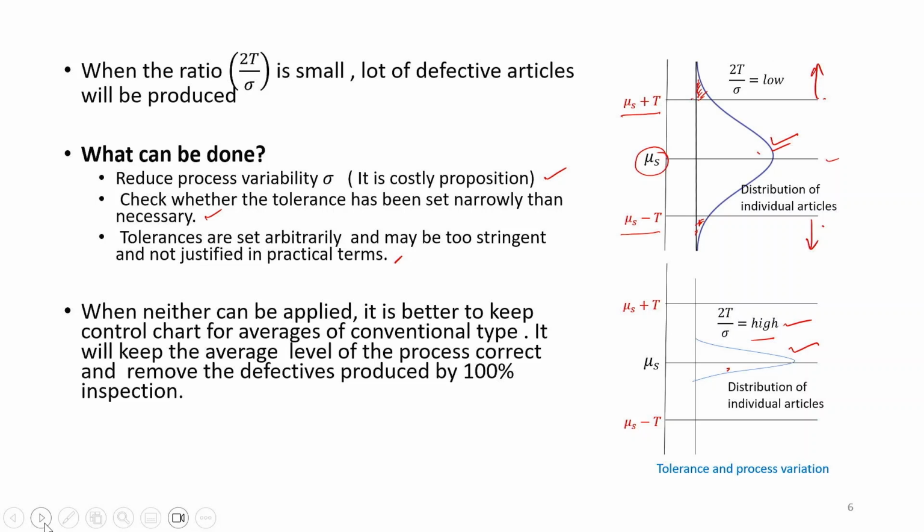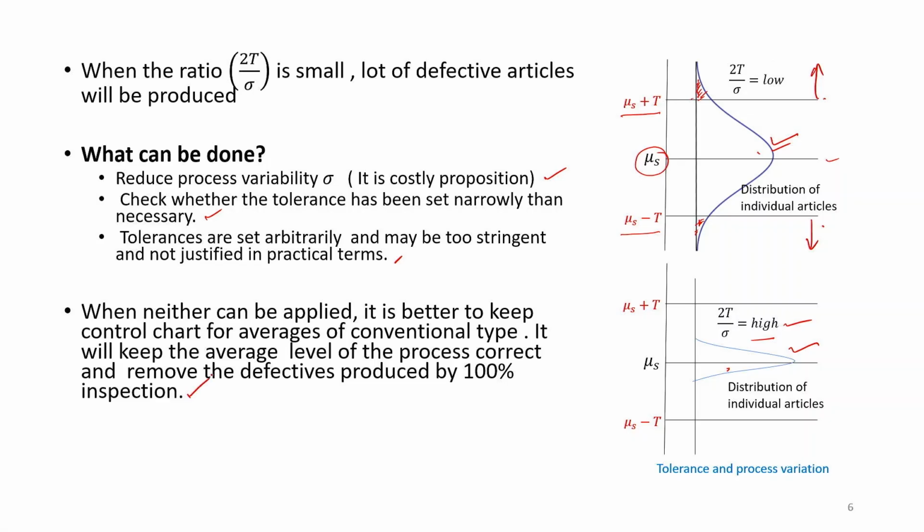When neither can be applied, it is better to keep the control chart for averages of the conventional type, and it will keep the average level of the process correct and remove the defectives produced by 100% inspection.